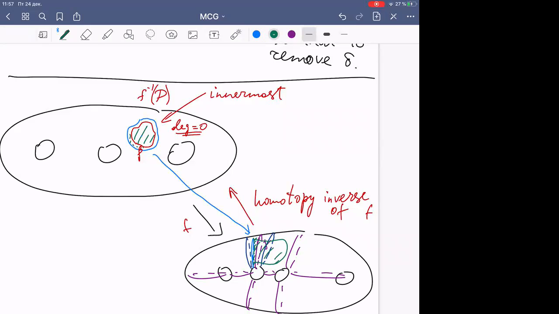And in this situation, let delta be this big disk bounded by the blue curve.